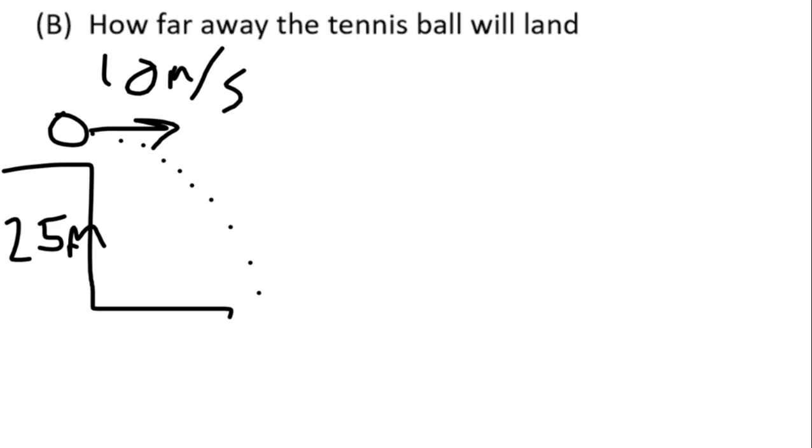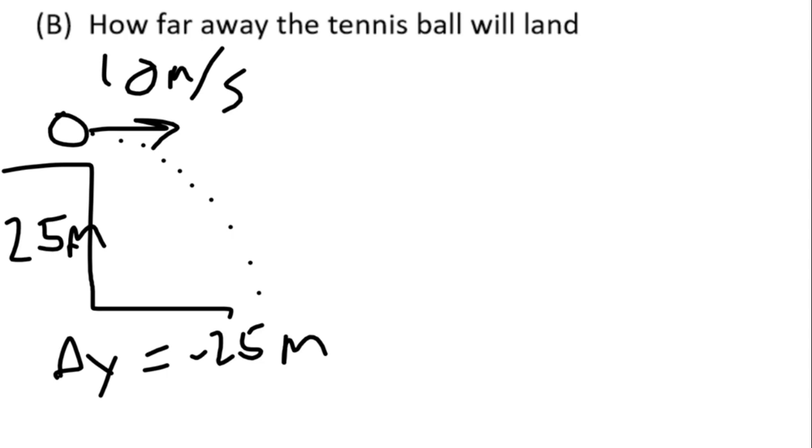Okay, and so I can think of it in terms of the y and x, horizontal and vertical motion of projectile motion. So looking at this, I know that delta y is negative 25 meters.